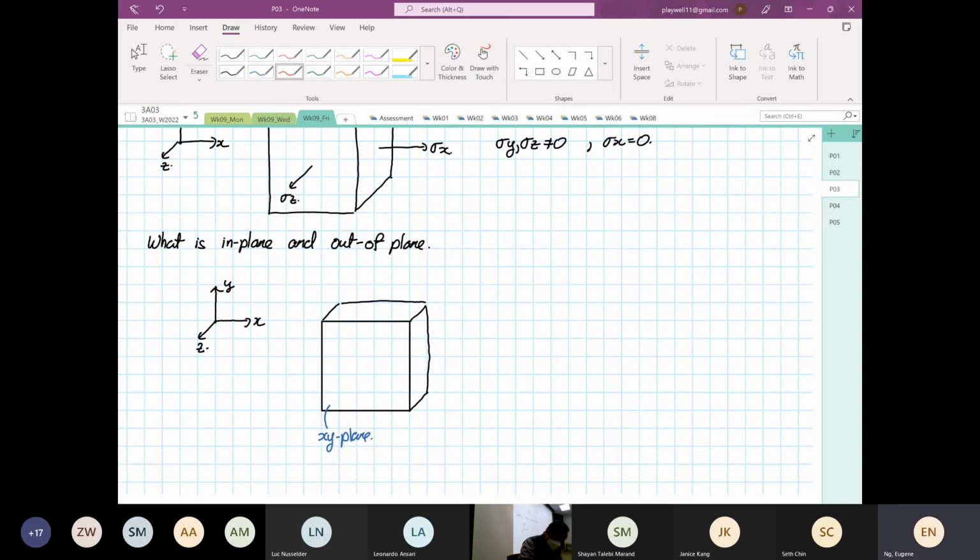This surface over here is our yz plane. And the surface over here is your xz plane. However, I'm going to call this in plane. And I'm going to call this out of plane. And the last one is also out of plane.